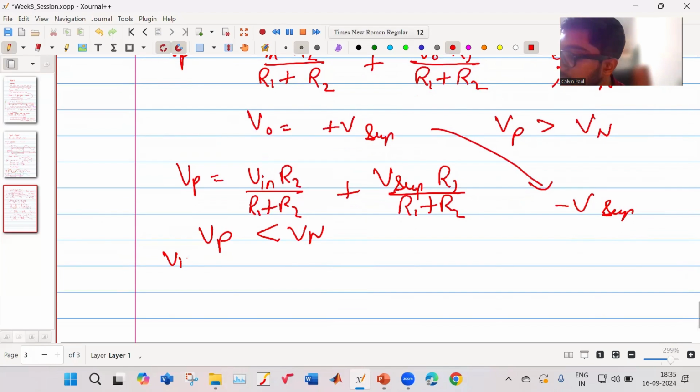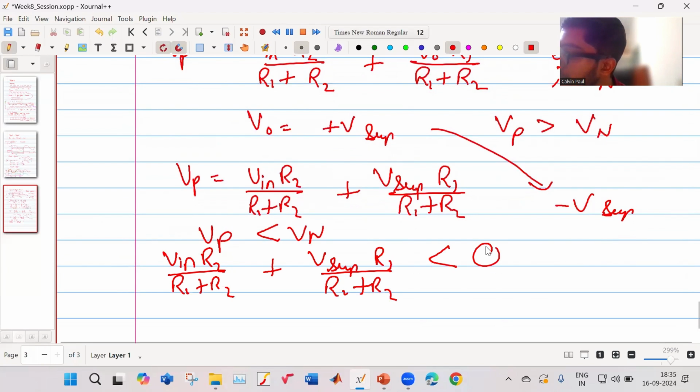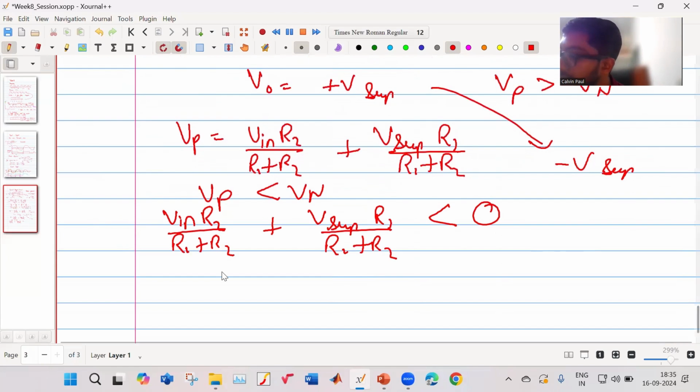That means your Vn into R2 by R1 plus R2 plus V supply into R1 by R1 plus R2 should be less than Vn, should be less than 0. For that to happen, what should happen? See, this R1 plus R2 and R1 plus R2, it becomes 0. So it should mean your Vn into R2 should be less than V supply into R1.